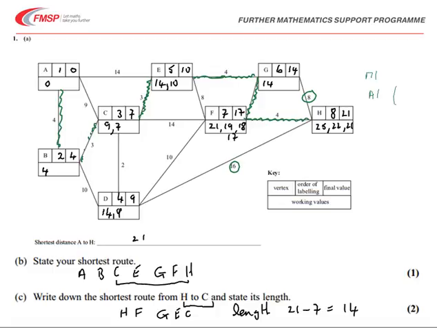So for the first 3 points A, B and C correct, there was A1, there was another A1 mark for D, E and G correct, and finally an A1 mark for F and H. So that would be looking for all of those values to be correct, all of the numbers in the boxes, including those changing working values, to show that you'd used the algorithm correctly. The shortest distance, 21, was an A mark, and then a B mark for stating the route, and 2 B marks, one for the route from H to C and another one for stating its length.